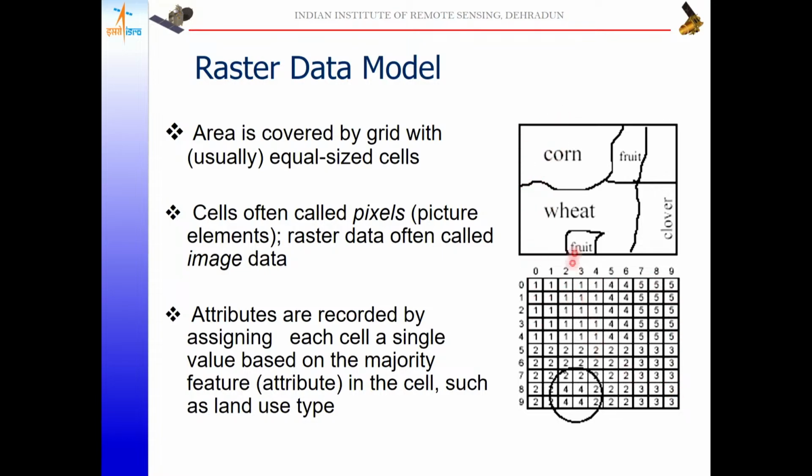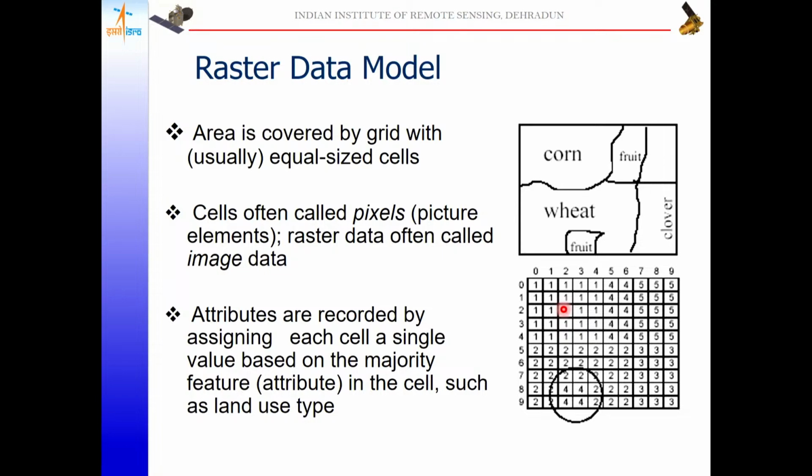Now you overlay this grid with the area and assign the pixel value based on the overlap of the corresponding pixel with the on ground feature. For example, this particular pixel, this is overlapping with the cornfield. Next pixel is again overlapping somewhere here with the cornfield. So up to here there is overlap with the cornfield. So these pixels will get pixel value for the corn.